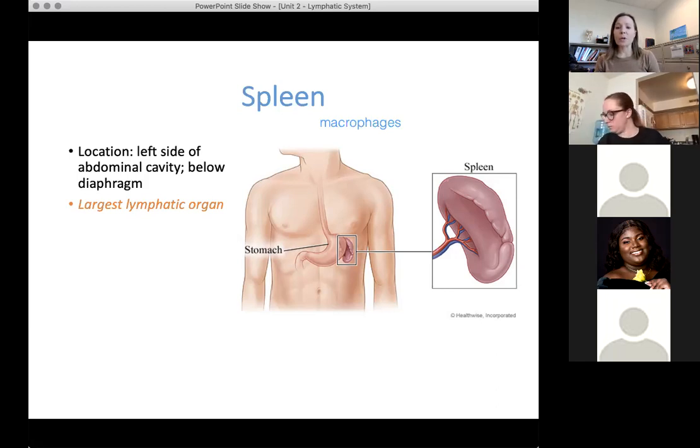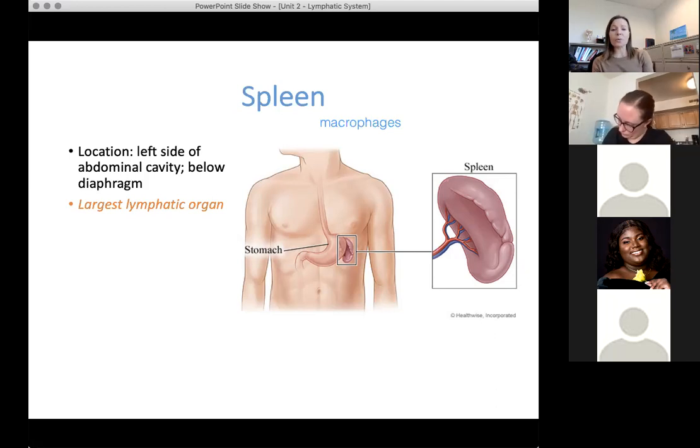Okay, so remember I said that the spleen will remove any like old worn out blood cells from the blood. And one of those blood cell types could be red blood cells. Those are the main blood cell that is found in blood. So those red blood cells, if they're old and defective and not working, they'll get broken down, but the spleen will actually save those breakdown products so they can be recycled. They can be reused to make brand new red blood cells. So that's another thing the spleen does.